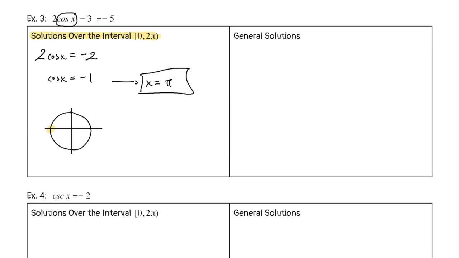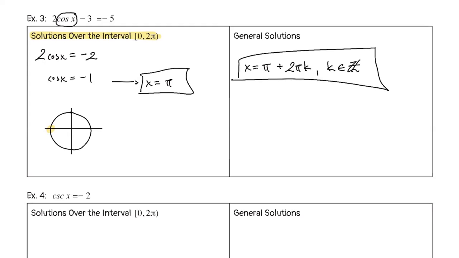And so when we think about our general solution, we can say we're going to start at pi and we're going to count around the unit circle however many times we want in whatever direction we want, because k could be positive or k could be negative, as long as we define k to be an integer.